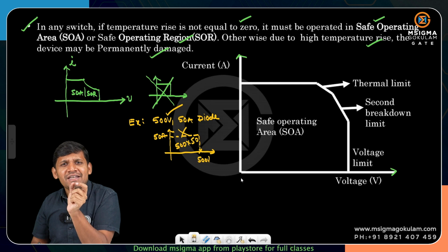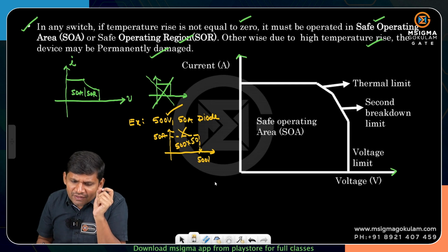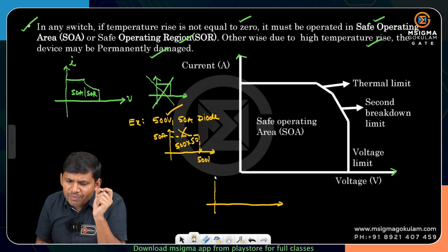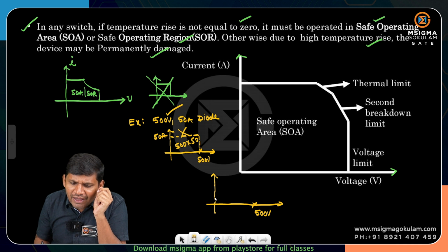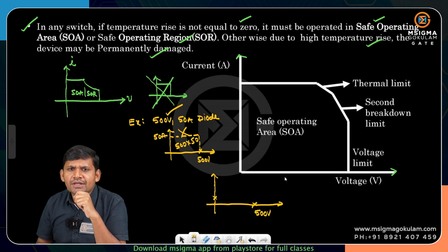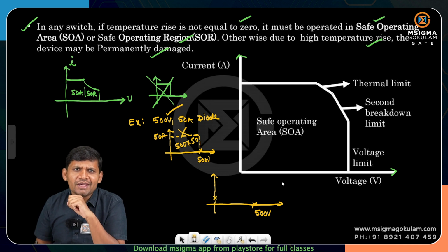If the diode is under reverse bias condition, this is the meaning. What do we mean by a 500 volts, 50 ampere diode? If the diode is under reverse bias condition, it blocks the voltage of 500 volts. At that time, the current is not 50 amperes; the current is a very small leakage current.